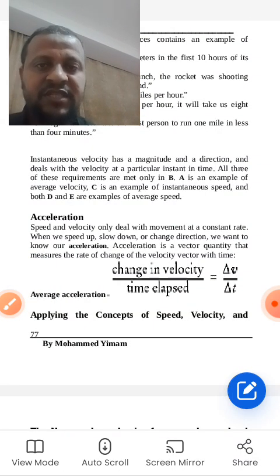Acceleration, change in velocity over time elapsed, which equals change in v over change in t.